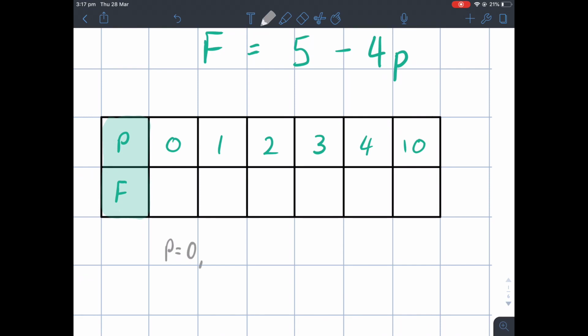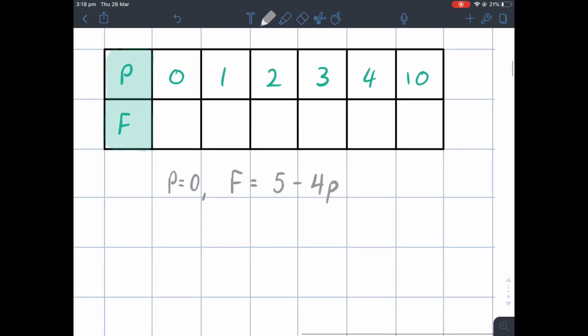So when p is 0, we've got f equals 5 minus 4p. So again, we get f equals 5 minus, we're going to substitute in the 0 for p. So if we work this out, now again, BODMAS means we work out the multiplication first. So 5 minus 4 times 0 is 0, so 5 minus 0 is 5.